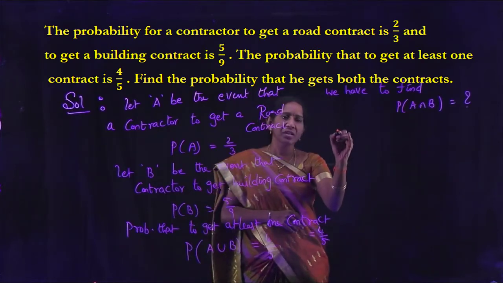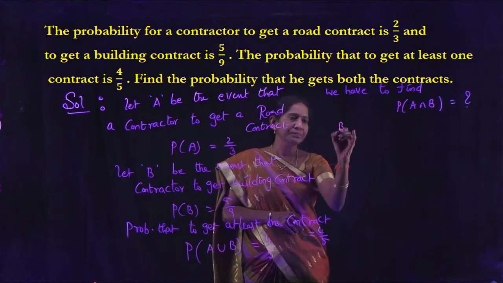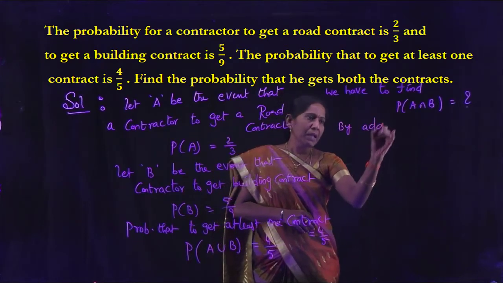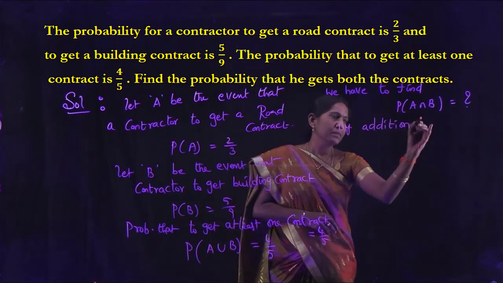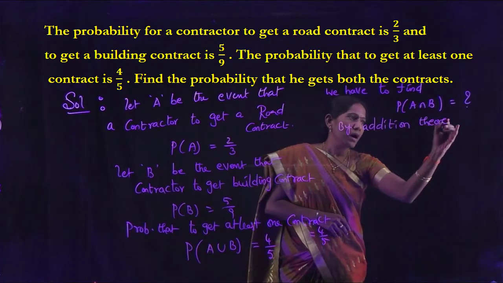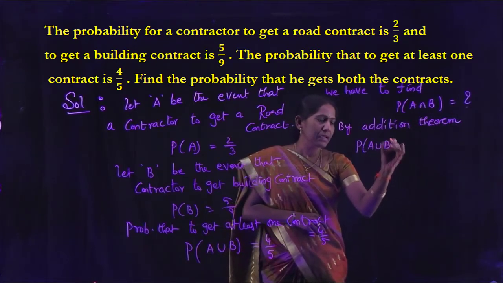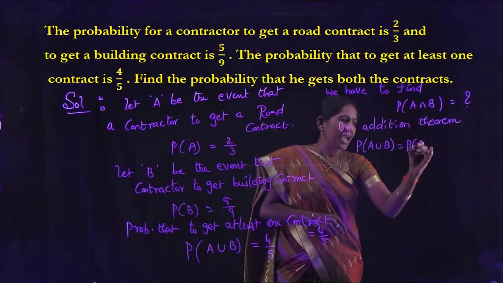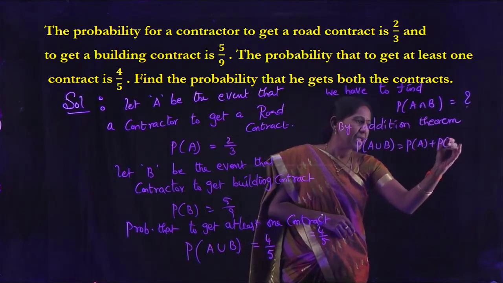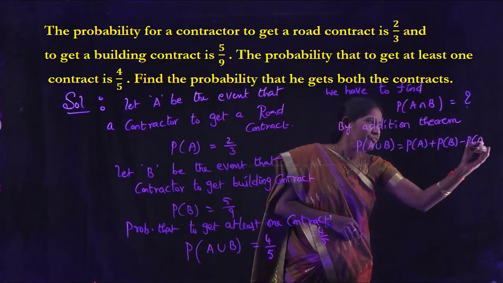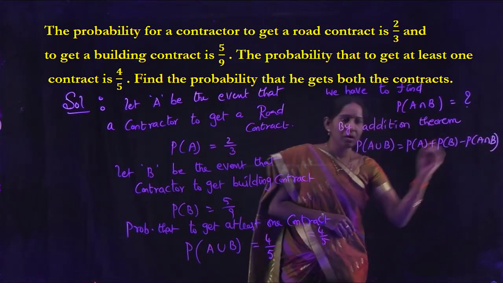So, from addition theorem, by addition theorem, we have P of A union B equal to P of A plus P of B minus P of A intersection B. Put all the values.